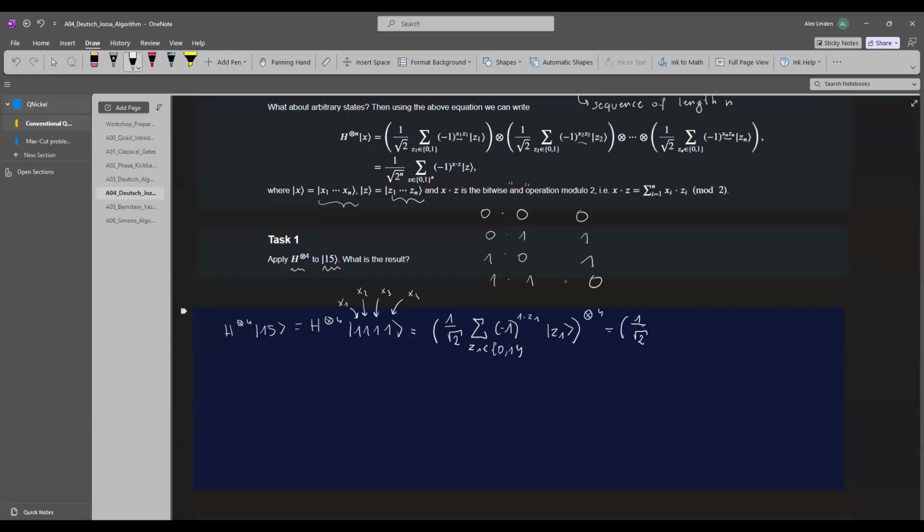We get Z1, but it's 0. So we get state 0. Next, Z1 is 1. This will be 1. So this will be minus 1. This is 1. So we're getting minus 1.